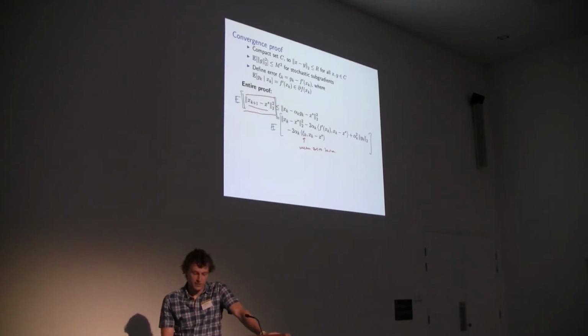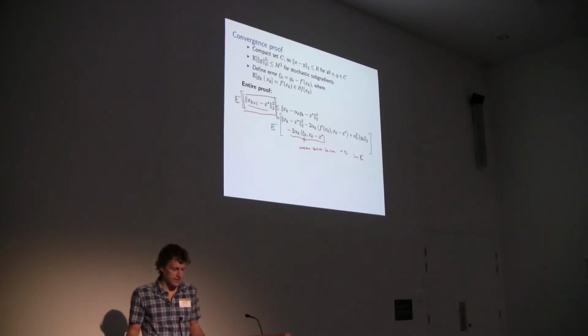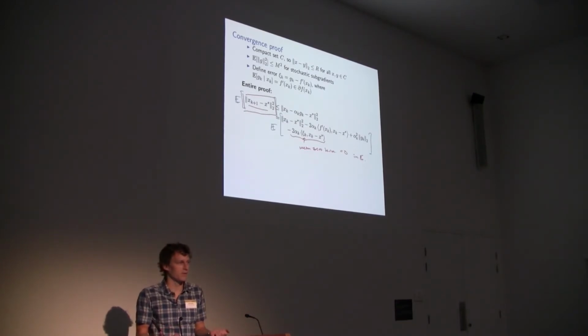And what is the expectation of this error term? It's 0, so this equals 0 in expectation. Once you've done that, it's exactly the same argument we have for the subgradient method.